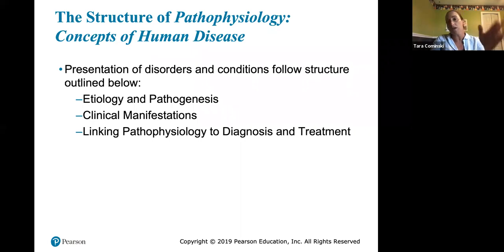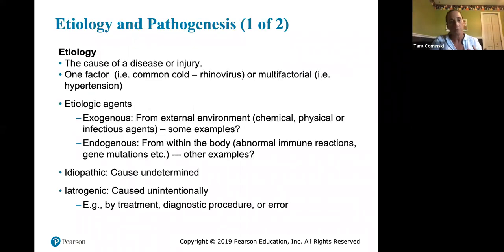The other thing in this section is about how the book is going to be structured. When we talk about disorders and conditions, we'll always talk about the etiology, the pathogenesis, and then the clinical manifestations, and then try to link the pathophysiology of that disease to diagnosis and treatment. So it's always structured in that same way in each chapter, or for each disorder.